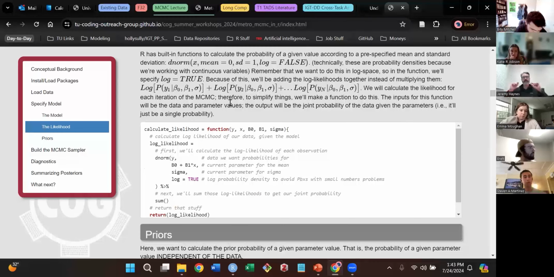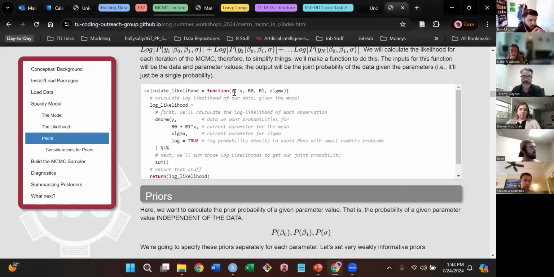And because we're going to do this for each iteration of the MCMC, we're going to toss this into a function. This just compacts everything, makes it simpler for us. So in the function, we're going to pass our data. So the y, our predictor, the values of our predictor. So this is the years using fentanyl. The intercept, the value of the intercept that we're interested in calculating the likelihood for.